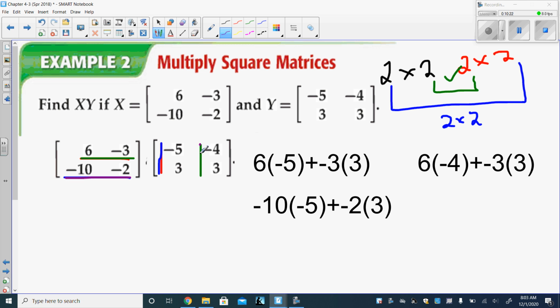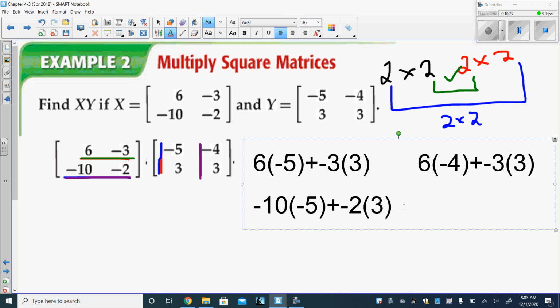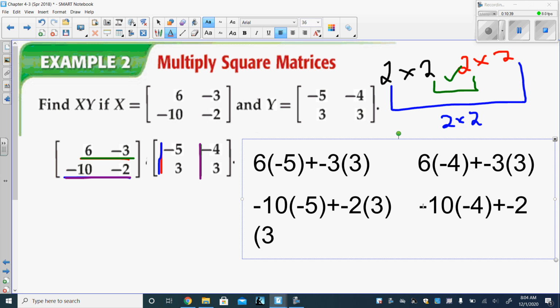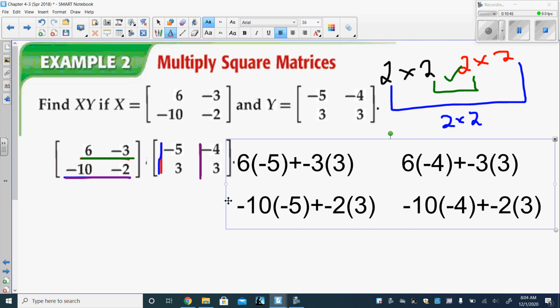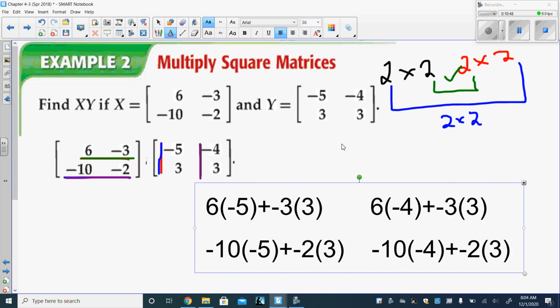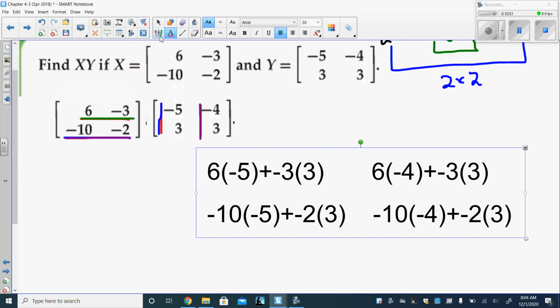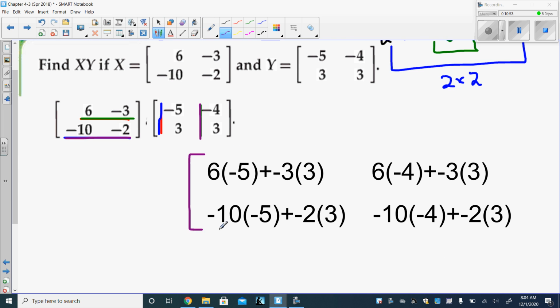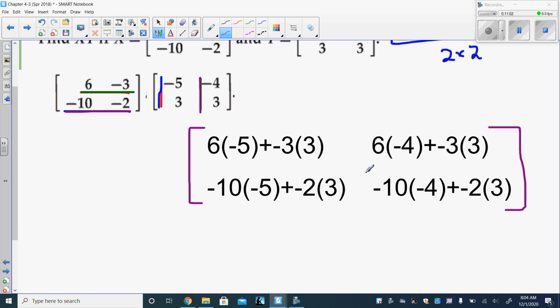Over and down. So we'll start off with negative 10 times negative 4 plus negative 2 times 3. And that's it. Well, not completely, but that's multiplied out. So we have it multiplied out, going over, down, over, down to get our matrix.